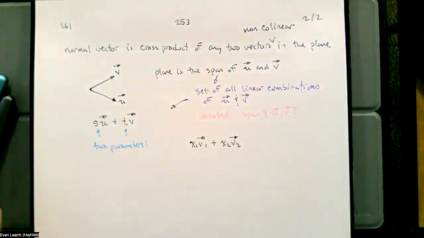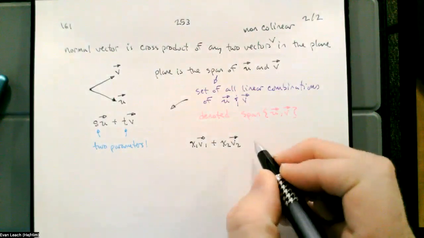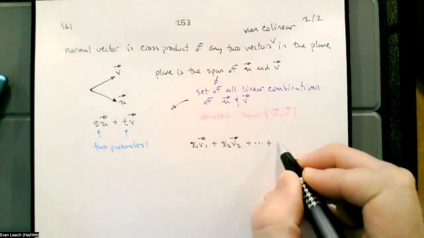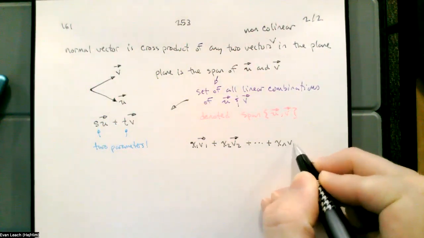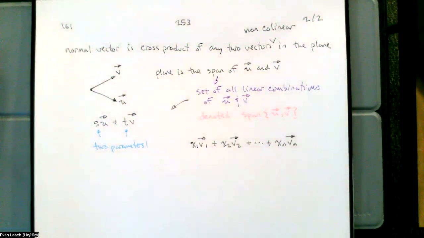But if you're thinking this might generalize, those students who have been through linear algebra know that this totally generalizes. And then we say, well, what if we have more? In which case it makes sense to just use one name for the parameters and another name for the vectors. And then subscripting them.